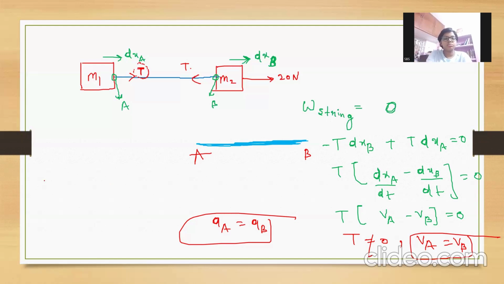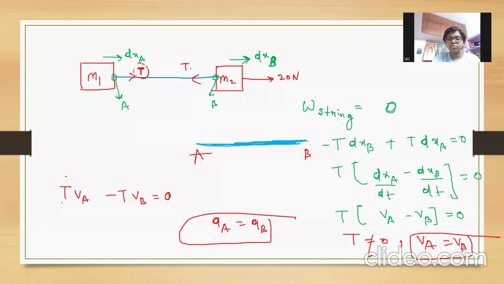From here, what is your observation? T into VA minus T into VB is equal to 0. Then T into VA is what?